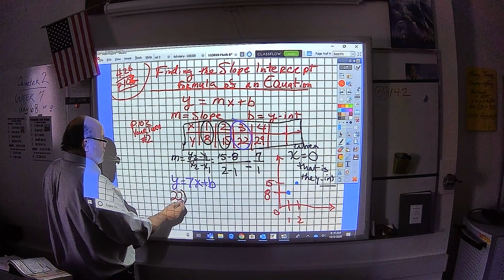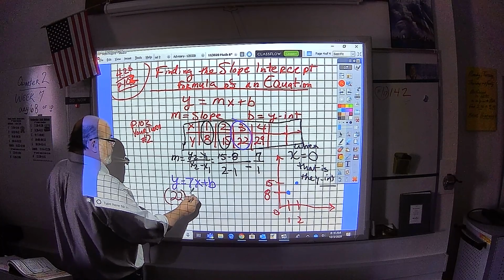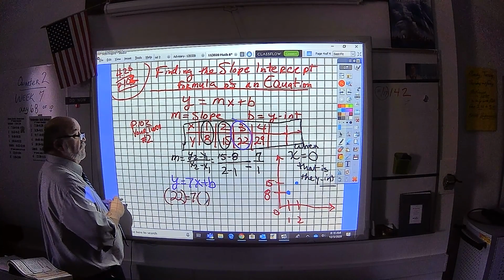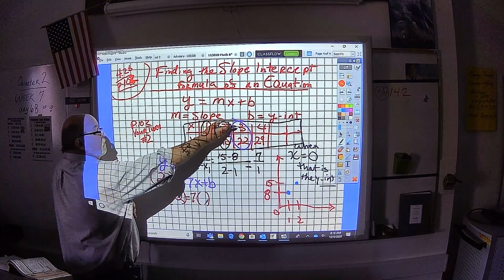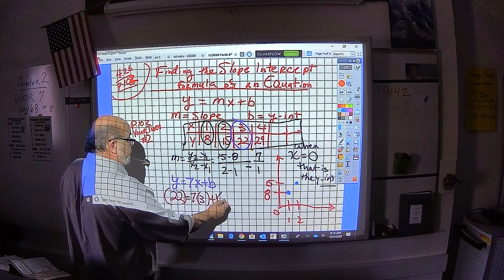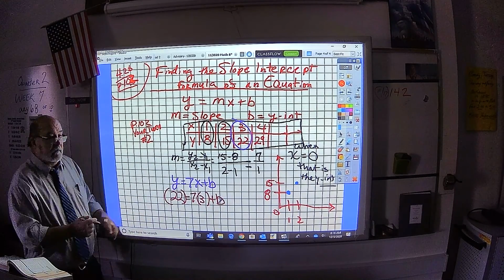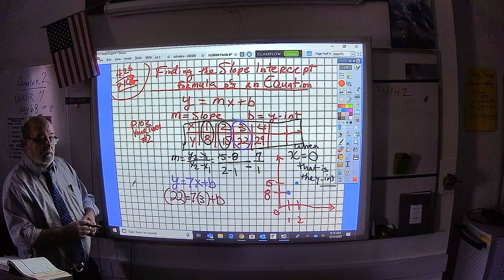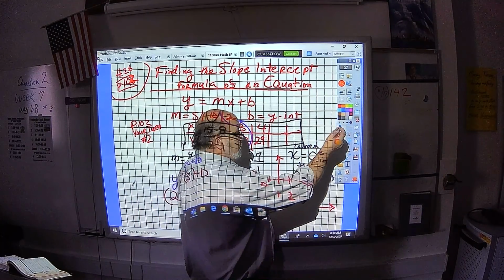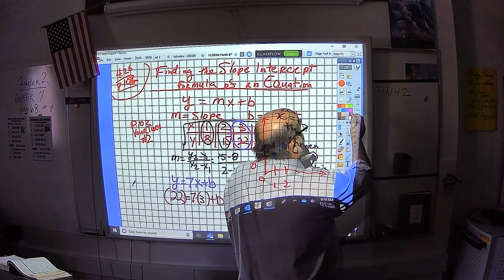So I'm going to use a different color. 22 equals 7 times, what's x? 3, right? 3 plus b. Solve for b. Me solving for b is easy.